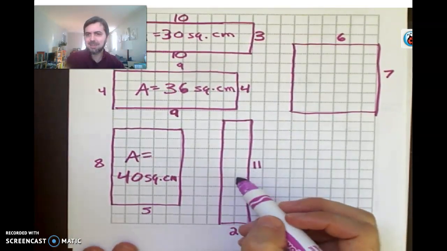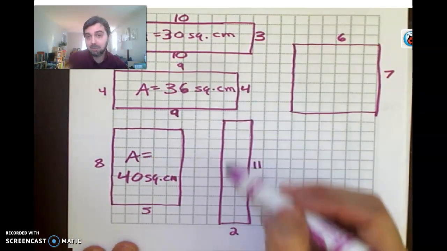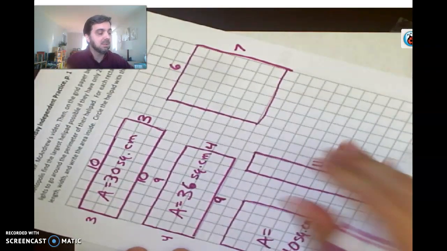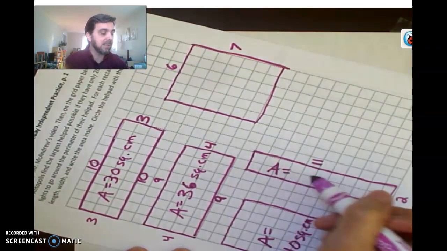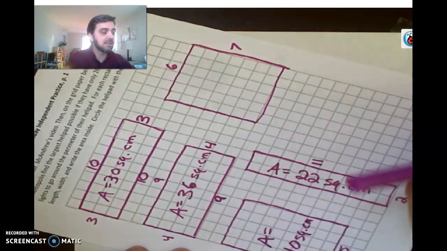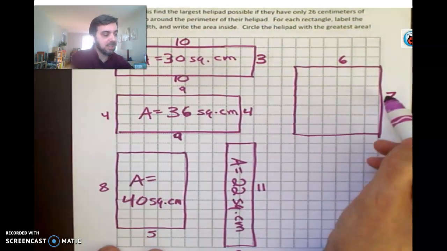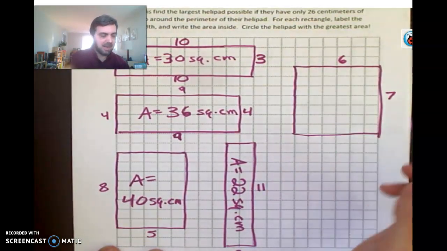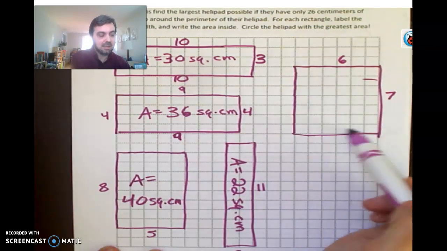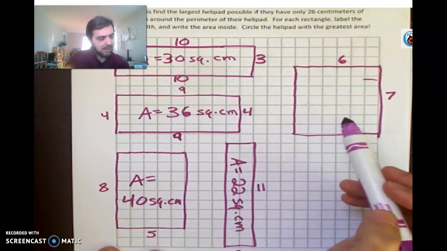This one does not look so big. We have 2 columns of 11. 2 times 11 gives me 22, so area equals 22 square centimeters. Then this one up here looks like it's pretty big. If I have 6 rows of 7, let me count by 7s: 7, 14, 21, 28, 35. Did I do this wrong?